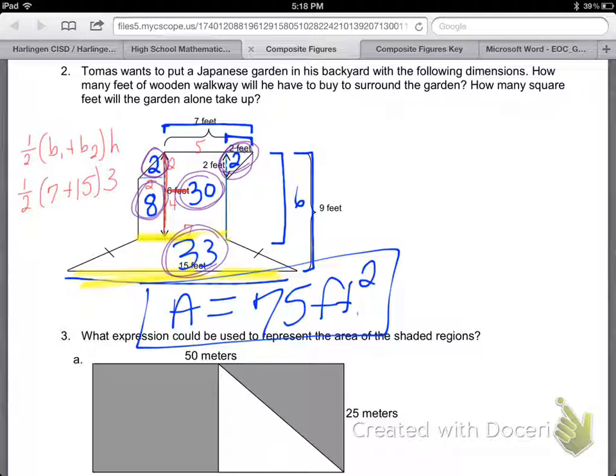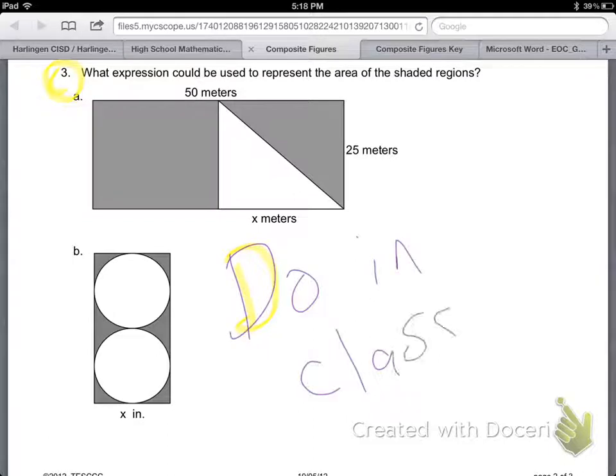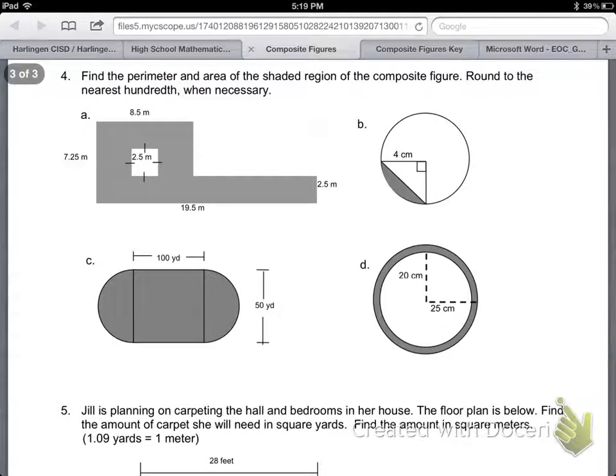Okay, so for class, I want you to try the other ones I haven't done, and I want you to try, beforehand. Number 3, skip it. We will do it in class. Do not scratch it out. I want you to try on this one.